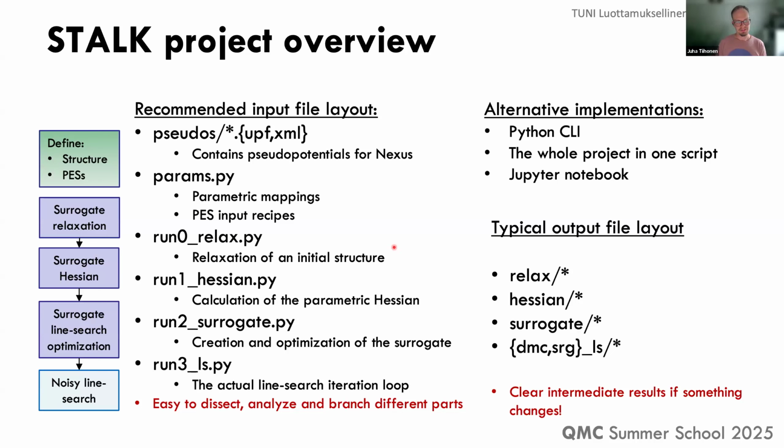Then we have the first step, which is the relaxation using the surrogate method, which feeds some information to the next step, the calculation of the Hessian. The third step is creation and optimization of the surrogate model for the parallel line search. And finally, we feed all this information to the actual line search iteration loop. Dividing this into different files makes it, in my opinion, easy to dissect and analyze, even branch if you want to do that.